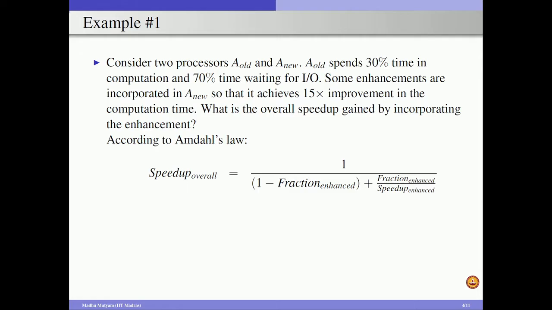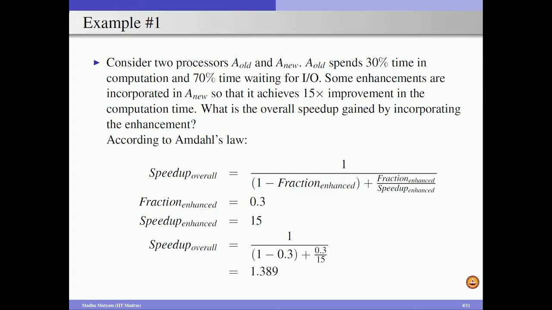And from the data given in the problem statement, the fraction of enhanced is 0.3 because 30% is computation and 70% time is spent for the I/O, and we are applying the enhancement only for the computation part. So effectively our enhancement is applied to 0.3 of your total execution time and 0.7 of the time no enhancements are applied, and when I apply the enhancement, we know that the speedup we achieve is 15x.